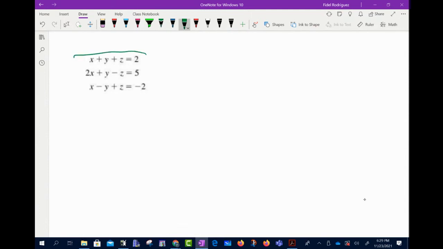Okay. So if I take these two equations here and I add them together, I'm just going to add straight down. That's going to leave me with a 3x and a plus 2y is equal to 7. Okay? And then, let me see.